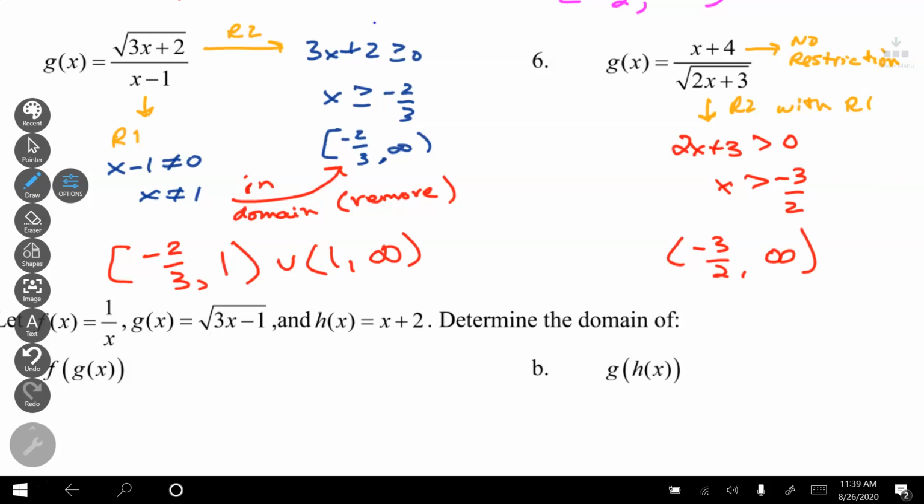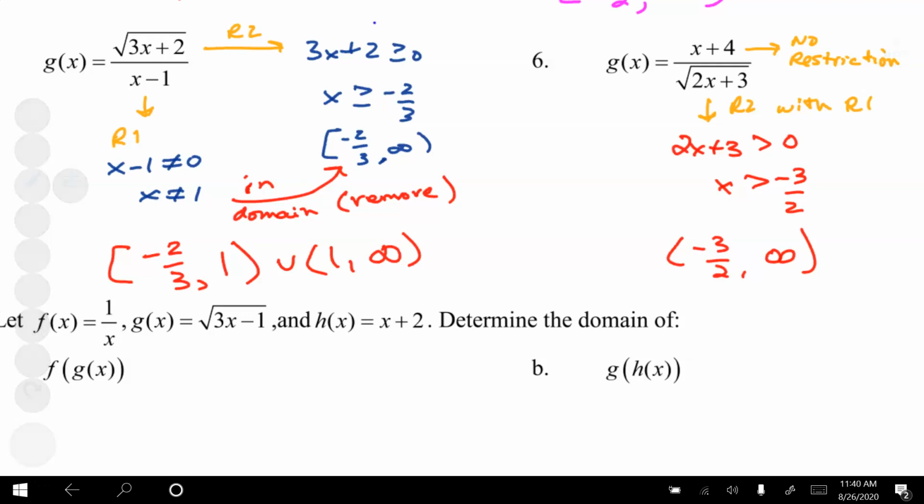That's all real numbers greater than negative 2/3, but getting rid of 1 because that was part of the domain. And number 6, the top has no restriction. It is fine. I can have anything on the numerator, but the bottom has that square root in the denominator, so I just use the greater than sign, and I get parentheses negative 3 over 2 to infinity.